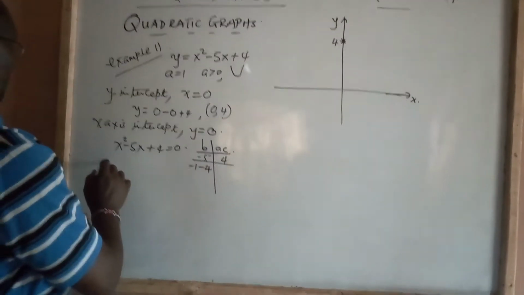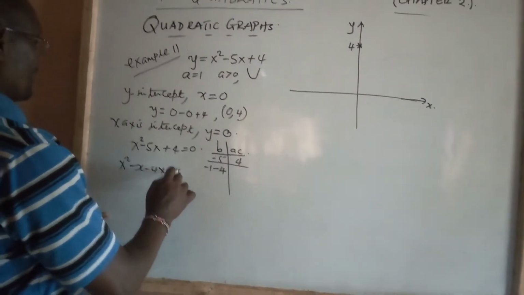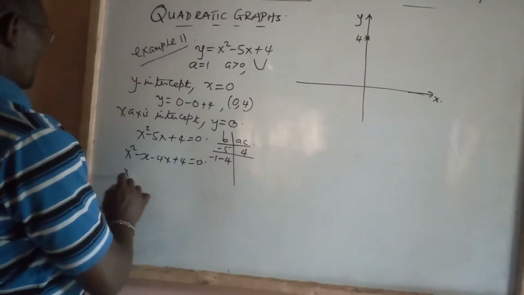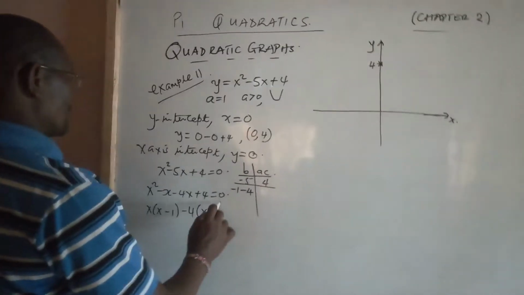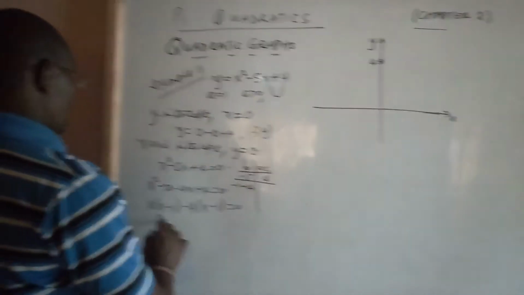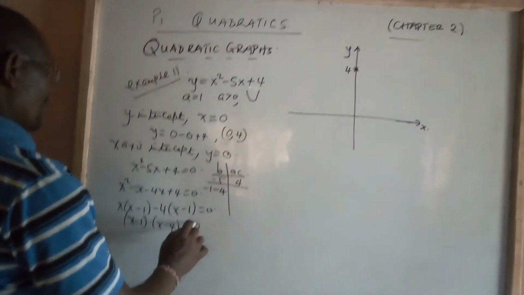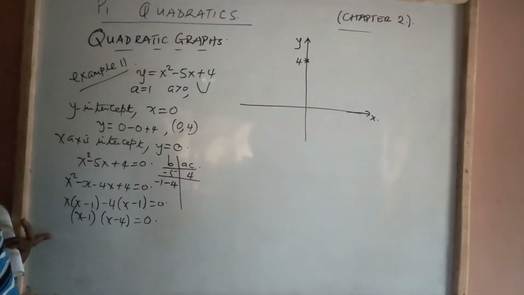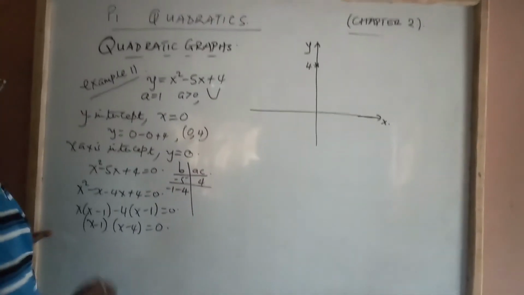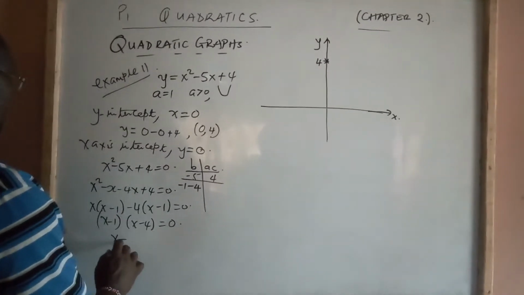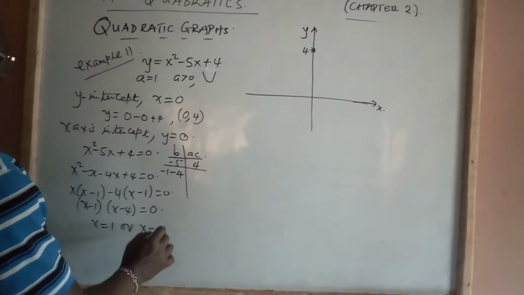So we have x squared minus x minus 4x plus 4 is 0, which gives x minus 1, x minus 4. When the two products are multiplied out and the answer is 0, then either of these is 0. If this is 0, then x is equals to 1, or if this is 0, then x is equals to 4.